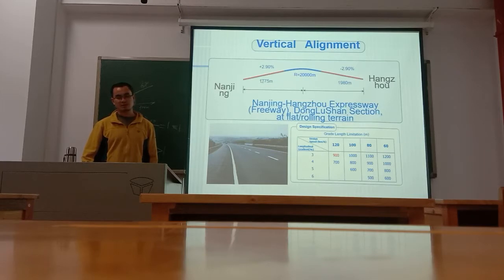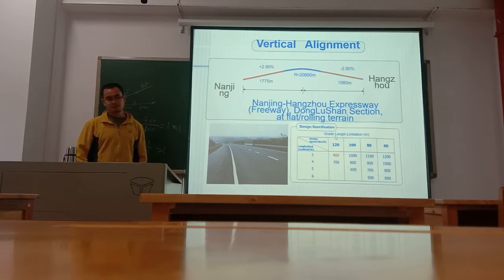The slope is uphill, then downhill. This is the design specification: grade length limitation, design speed, longitudinal gradient.